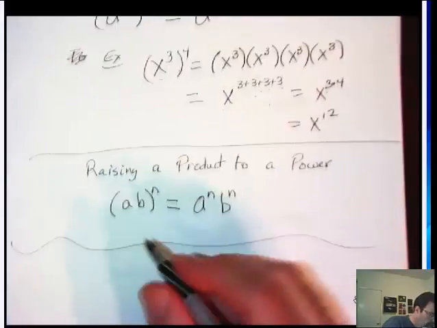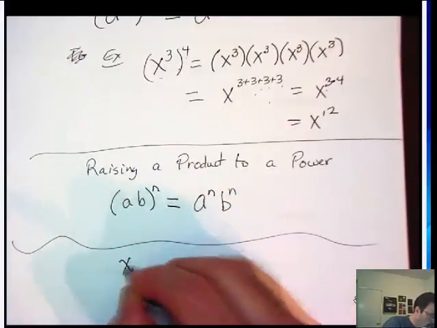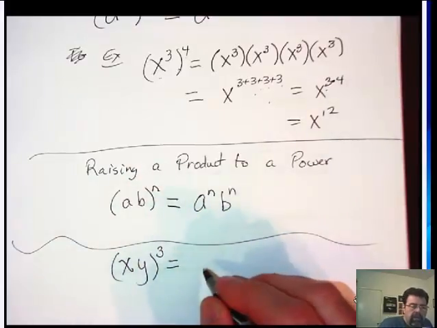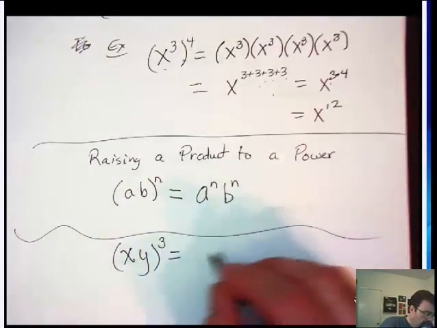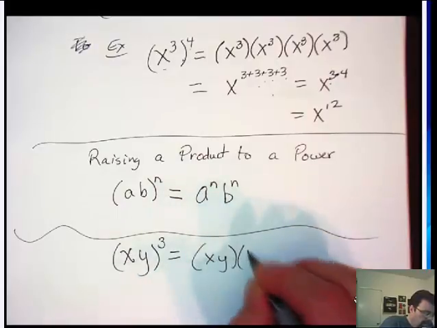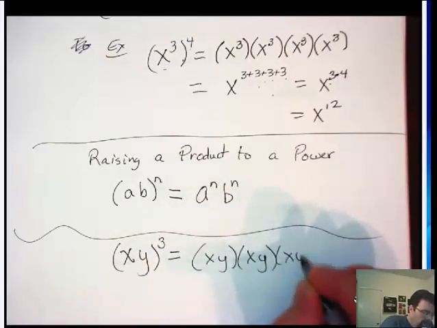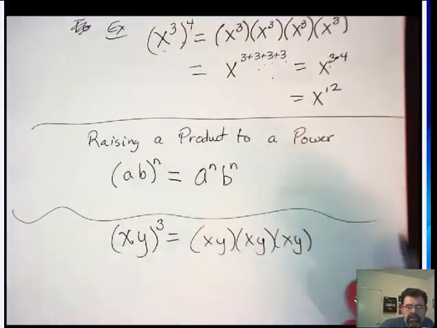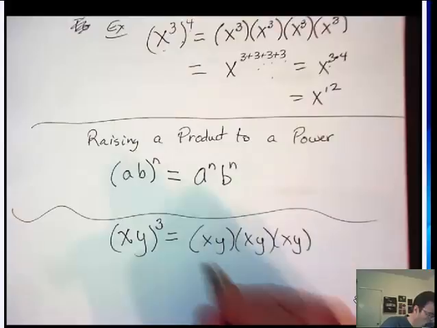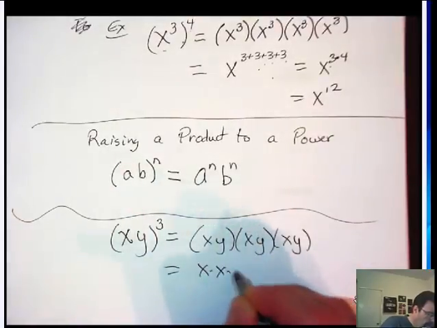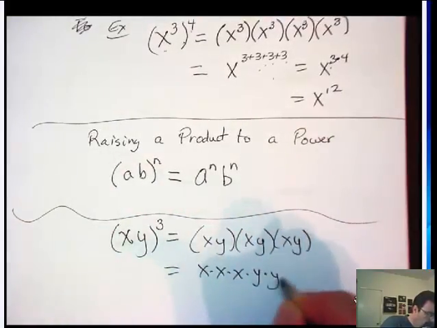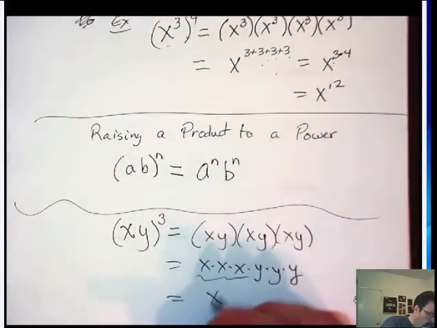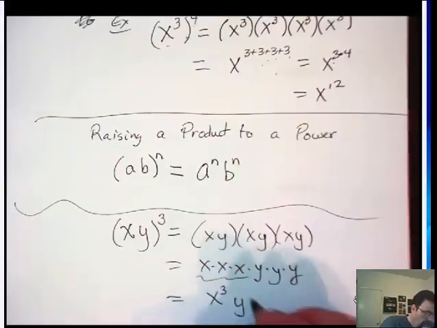So if I had xy to the third, again, if I go by the definition of exponent, I'm going to have xy times xy times xy. This is all multiplying, so I can drop the parentheses, I can rearrange the order, move all my x's to the front, all the y's to the back, and since you got 3 x's multiplied together, that's x to the third, 3 y's, y to the third.